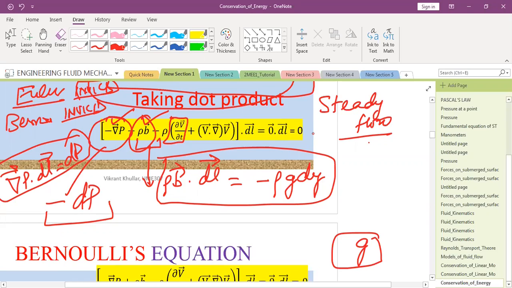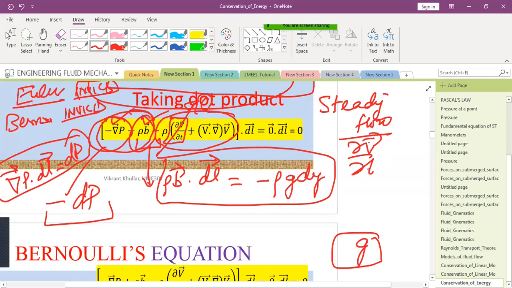If you remember, these two terms were from Lagrangian and these two were from Eulerian. So I'm putting this term equal to 0. When this term, curly V by curly T, is equal to 0, it means steady state, but steady state from the Eulerian perspective.